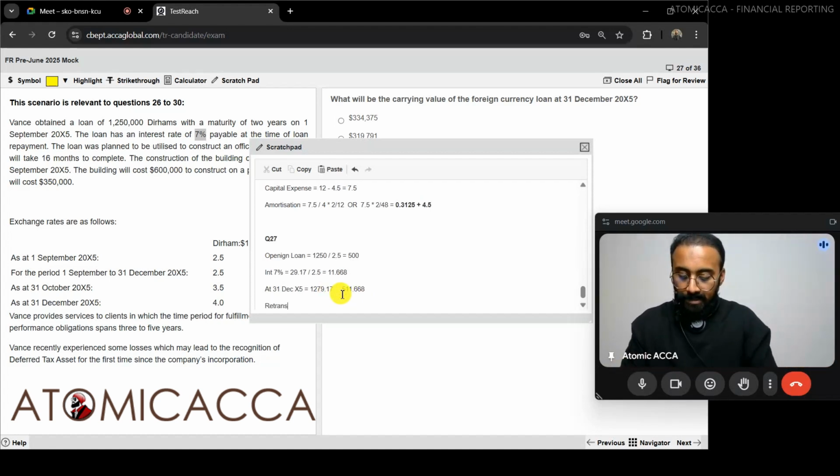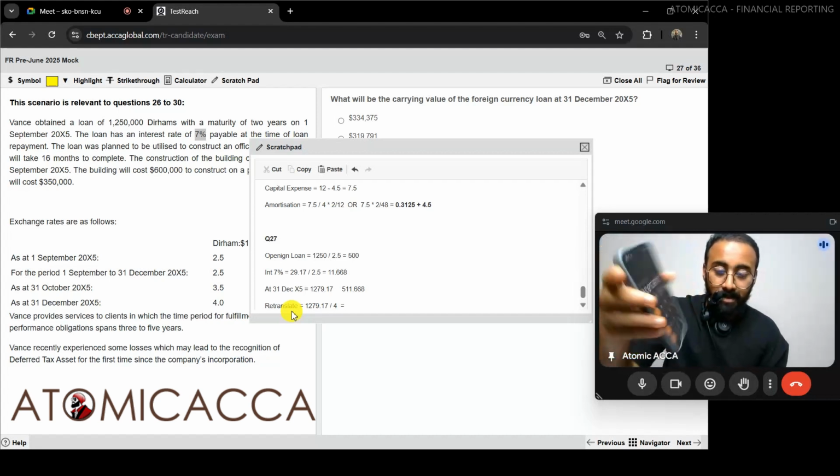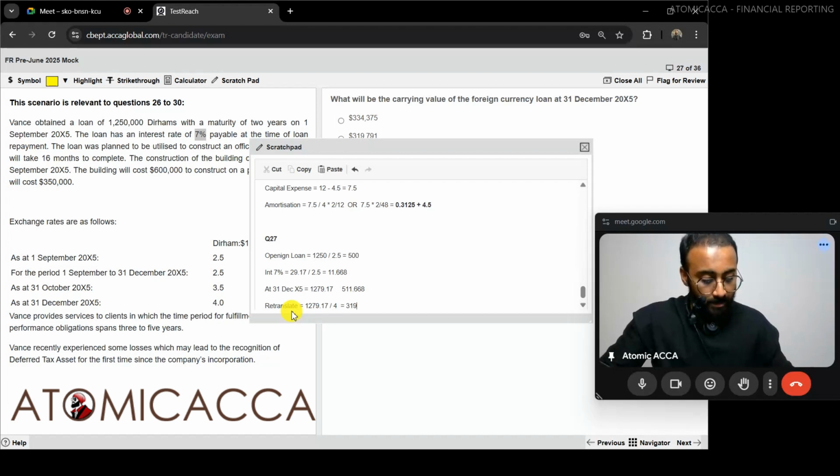Now this 1279.17 I have to retranslate at the closing rate. The 1279.17 in dirhams will stay as it is, but now I have to retranslate at the end of the year rate, that is 4 dirhams. 1279.17 divided by 4 is equal to 319.79.